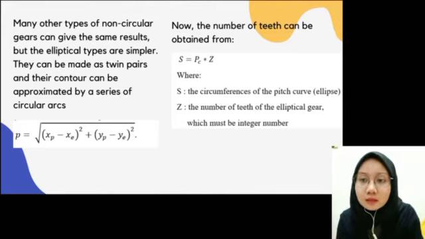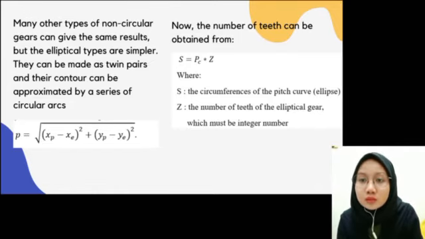Many other types of non-circular gear can give the same result, but the elliptical types are simpler. They can be made as an external pair and their contour can be approximated by a series of circular arcs.